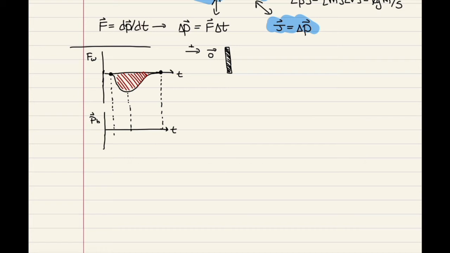Maybe I'll do this in green. Prior to coming in contact with the wall, the object might have had some roughly constant horizontal momentum as it moved towards the wall. It then comes in contact with the wall and starts to feel an extremely large force pointing towards the left.